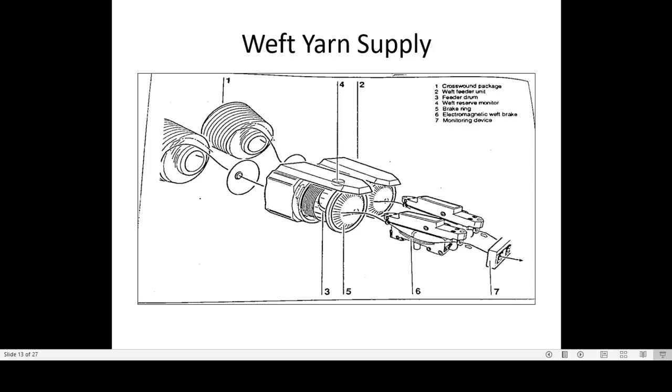When weft insertion starts, the winder stops and the coiling stops. So this is the weft yarn supply. In the next slides, we can see the detailed function of this electronic brake, to see how it is working.